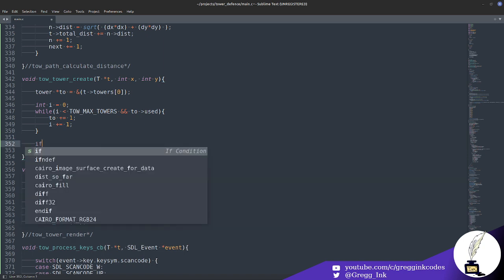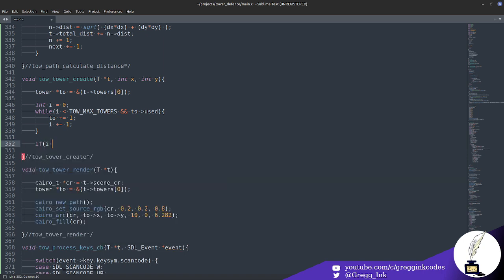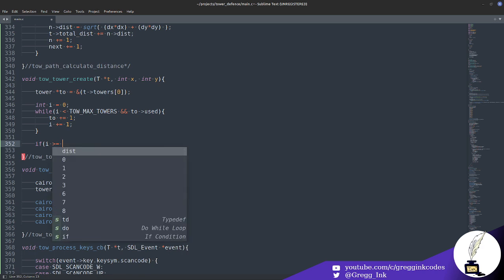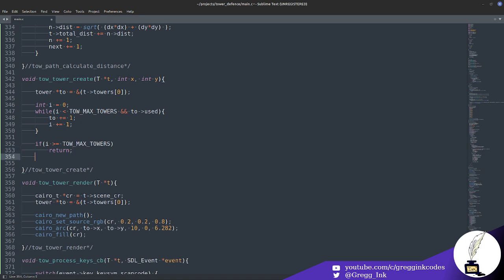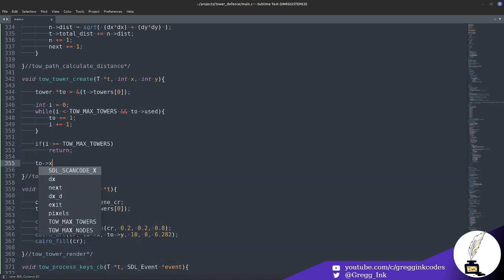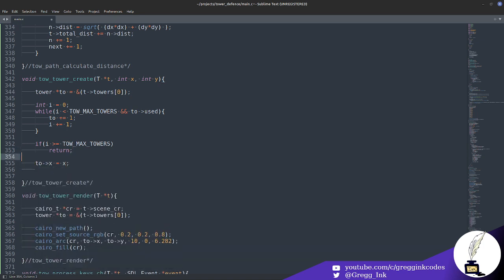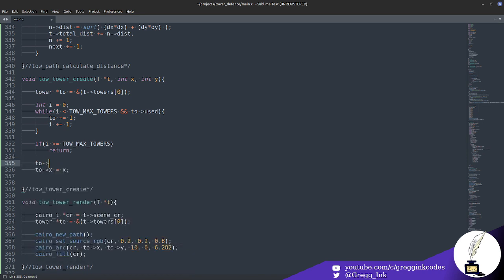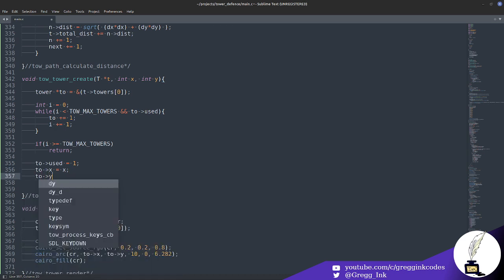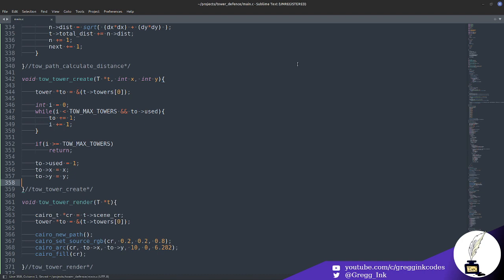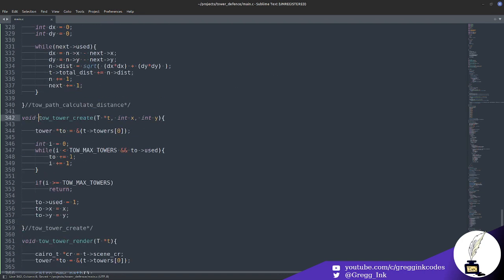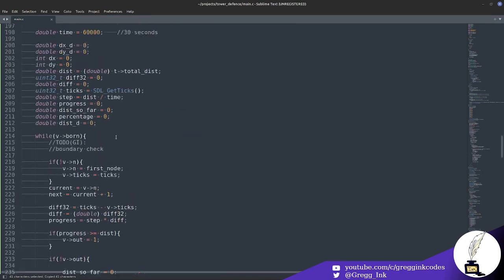Okay, if i bigger equal than TOWER_MAX_TOWERS, return. t.x equals x, well, t.used equals 1, t.y equals y. Now for the time being I'm going to do that in level setup, but that's going to be changing.